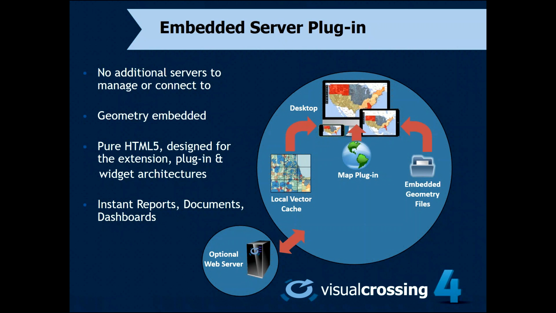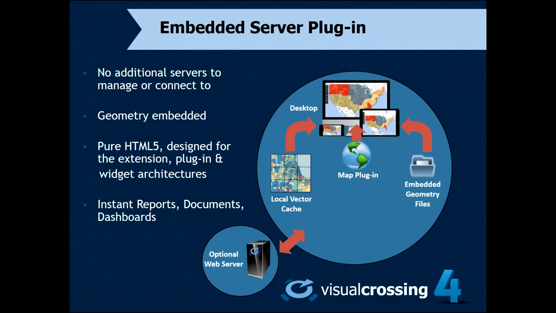And so what we've done is we've condensed down 10 years of map server technology into a single plugin that you can drop in. It's an extension in Lumira. Just go into Lumira, into the extensions folder, and add it manually, and then you'll be able to do exactly what we're showing you here today. The geometries are all embedded, so your postal codes, your states or provinces, your countries, anything of that nature is all embedded into the plugin as well, and it allows you to just get started instantly.